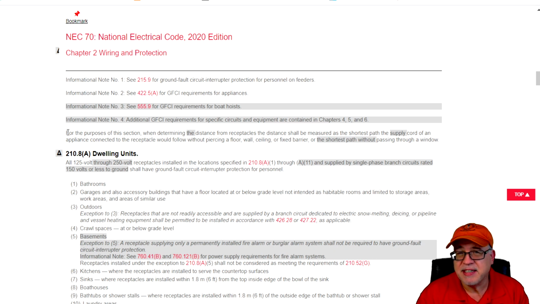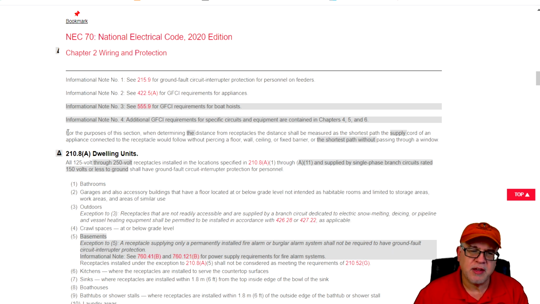In the 2017 code, that disappeared. It means the door actually broke the measurement. So if you're measuring from the sink to a receptacle under the counter, if it was behind a cabinet door, the measurement stopped at the door. Well, for the 2020 edition of the National Electrical Code, that has changed back to the way it was in the 2014 code. It means that measurement does not stop at a doorway or door, okay?